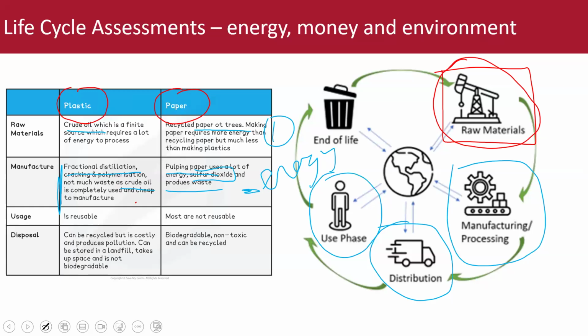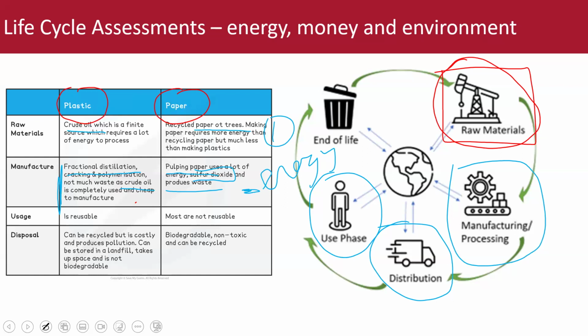Use phase. Again, life cycle assessment, you've got to think about the advantages, disadvantages. You've got a cheap 10p plastic bag, you might use it 4 times. If you buy one of the more expensive plastic bags, you might use it 50 times. If you get a paper bag from Primark, I challenge anybody to tell me that they actually made it home with the paper bag intact.